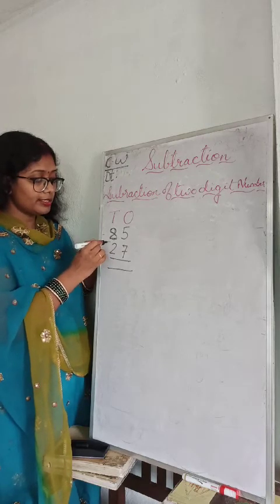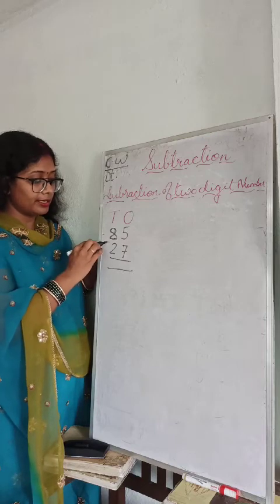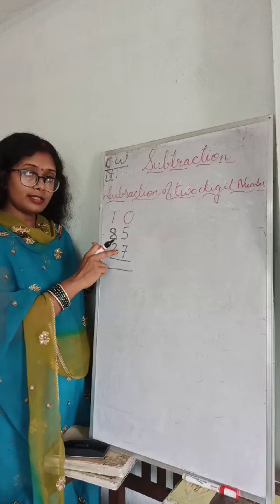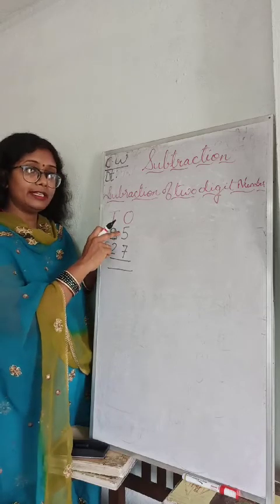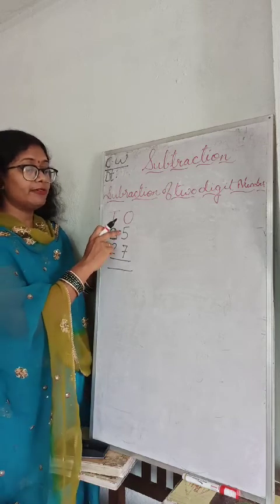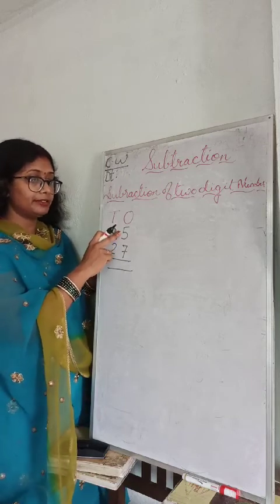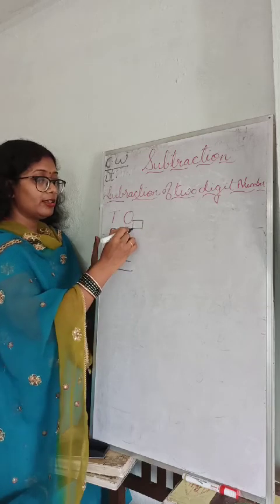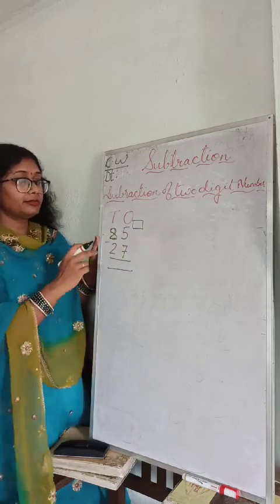Okay, this is the sign of subtraction which shows that we have to subtract 27 from 85. Okay, 27 को 85 से subtract करना है.